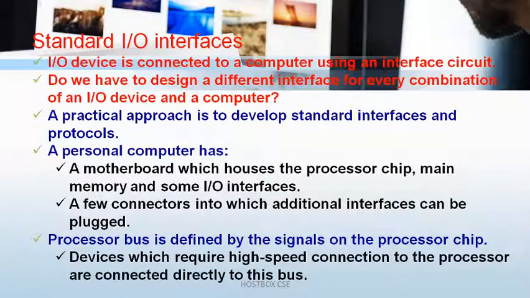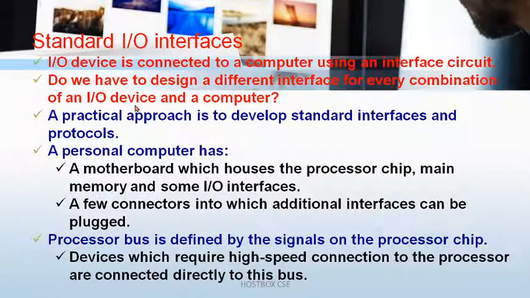Here in standard IO interface, IO devices connect to a computer using an interface circuit, remember. If you want to connect IO devices, it may be a keyboard, printer, scanner, fax, pen drive, whatever device you want to connect with the computer, we need the support of an interface circuit.